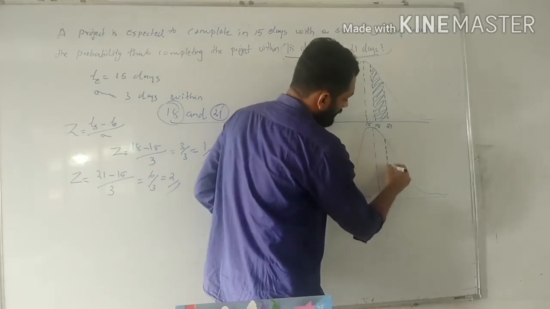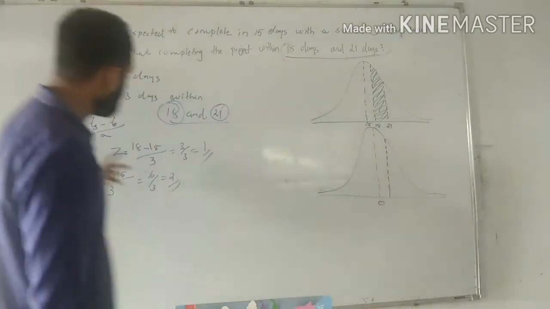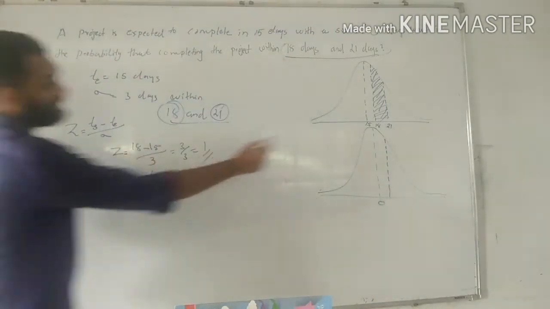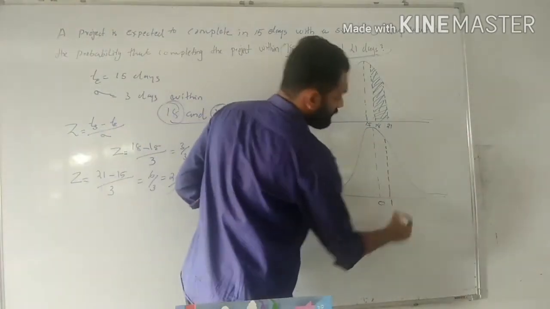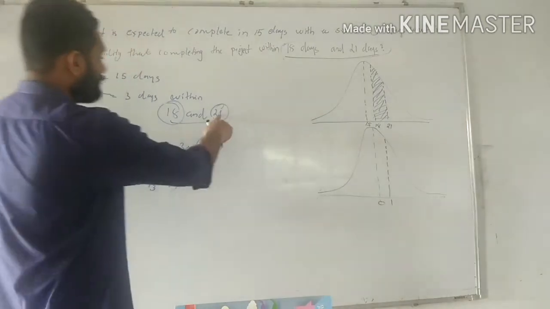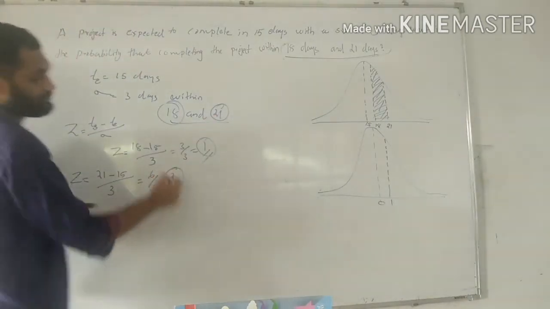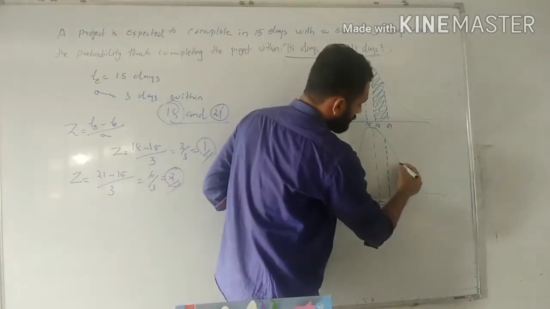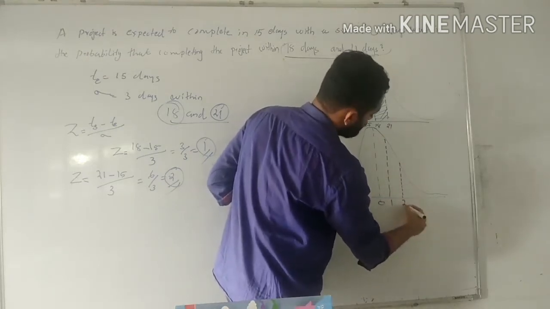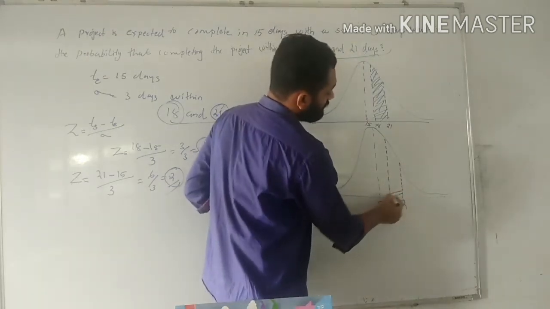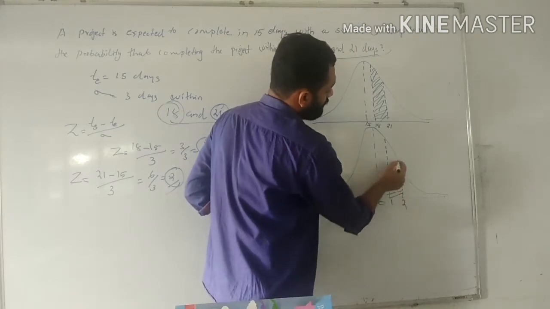We converted 18 into the standard normal curve: for 18, the z value is 1. For 21, the z value is 2. We need to find this area.